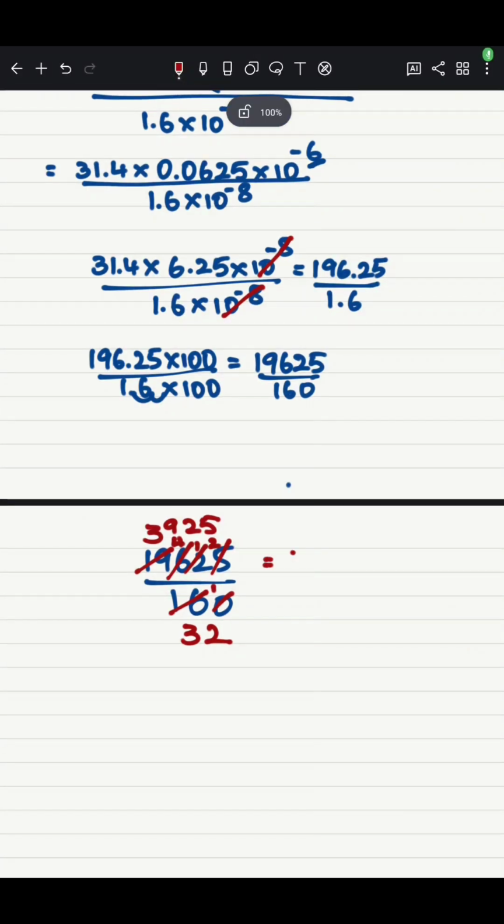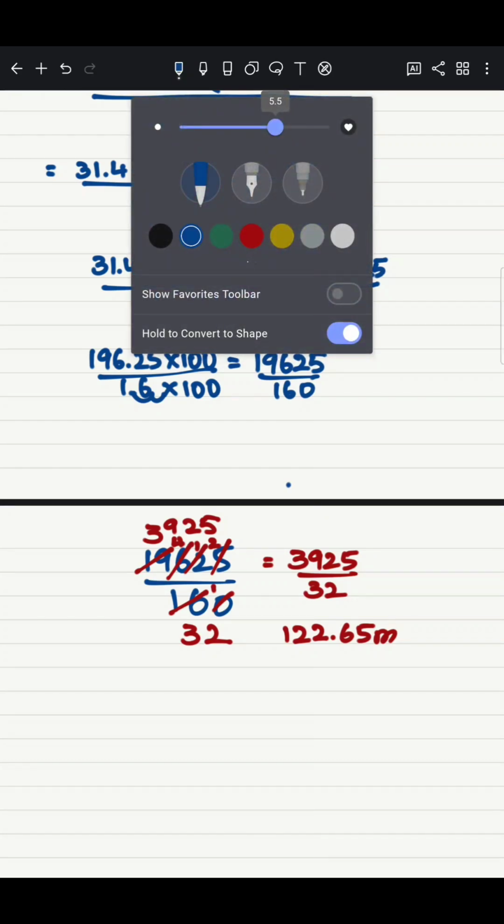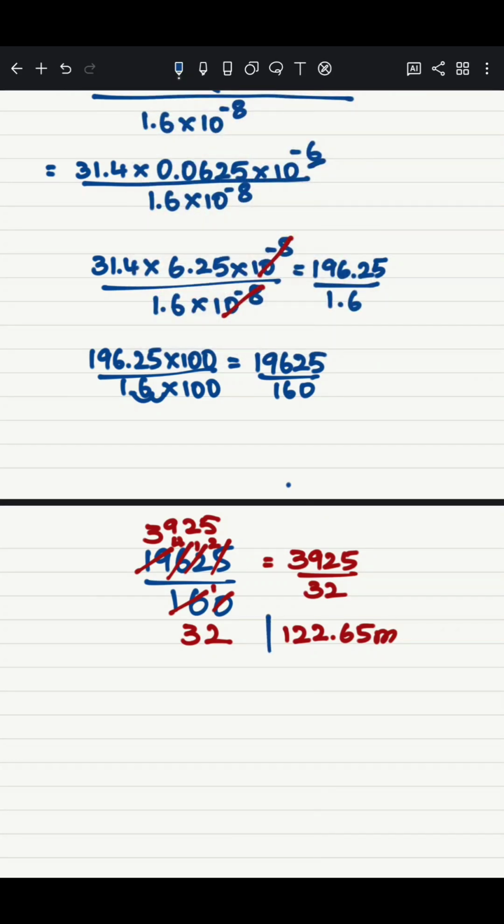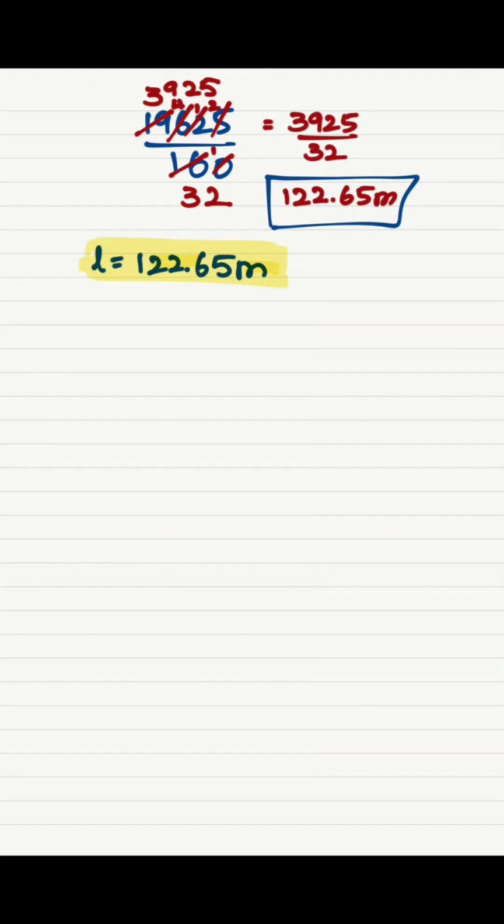Now I got 3,925 divided by 32. If I divide it, I'll be getting 122.65 meters. So this will be my length. So length is equal to 122.65 meter.